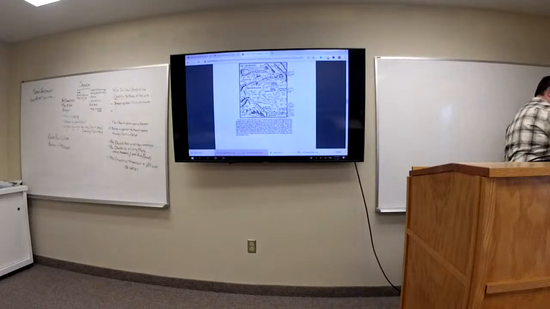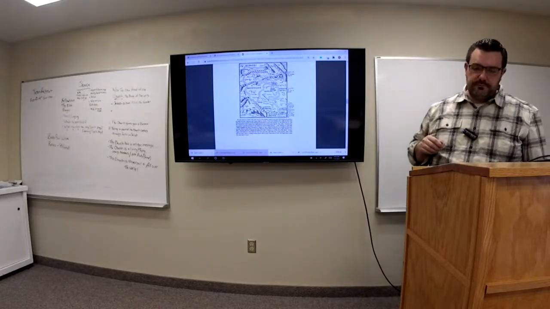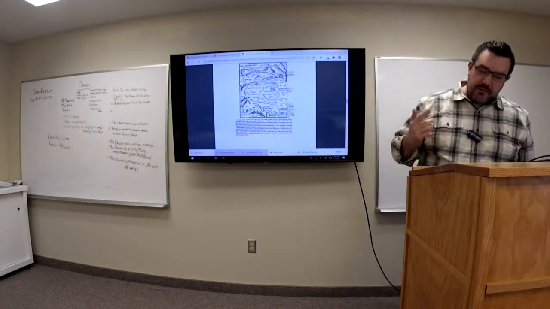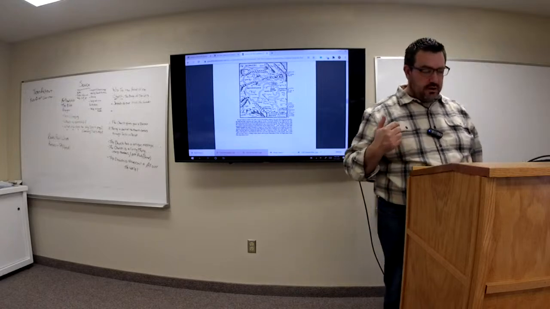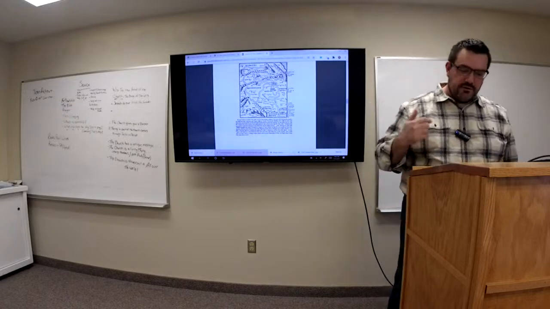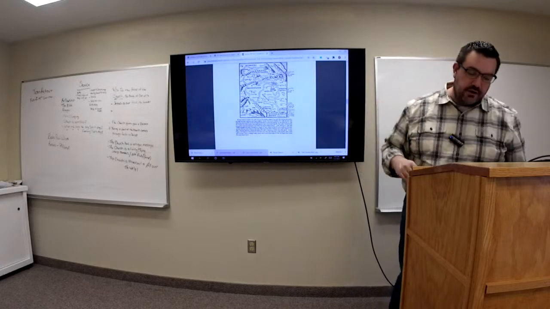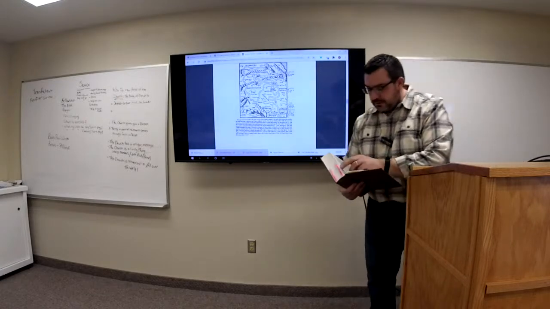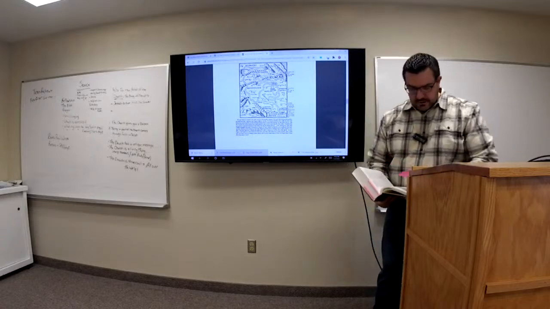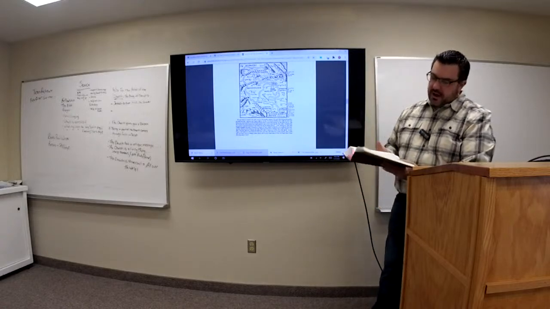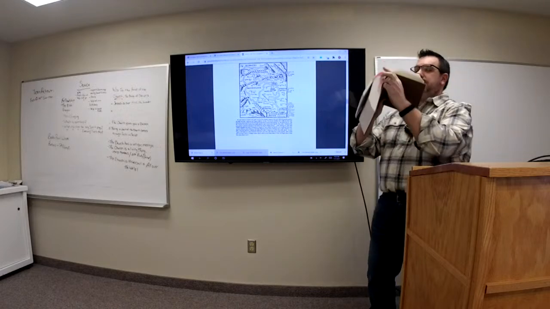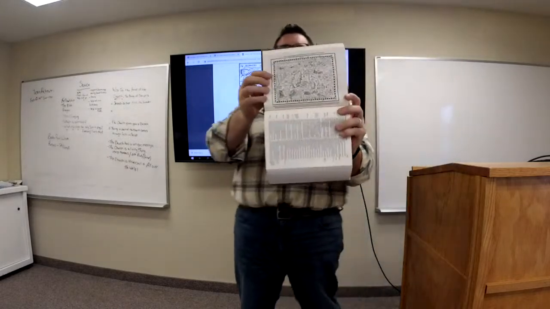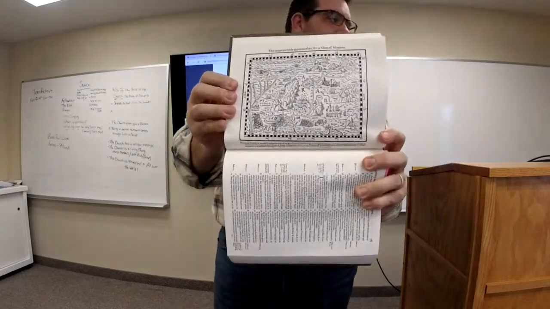So go back to the notes, page 4. The first map indicates the location of the Garden of Eden, Genesis 2:10. The second, the journey of the Israelites through the wilderness, is in Numbers 23. So I have that marked here. So here's the second map on the journeys of the children of Israel.